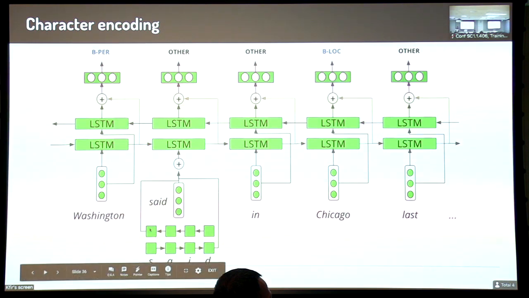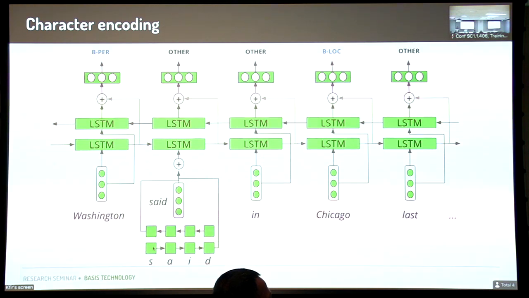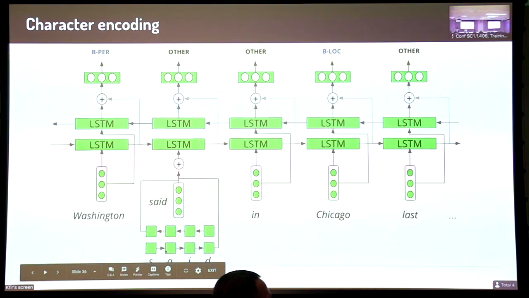So in order to do that, we use another BiLSTM that works on the character level. And now we push characters into another BiLSTM process, but we don't really need the output vector that goes out of this LSTM node, because we're not doing any prediction with this vector, right? So we just pass it on to the next step.